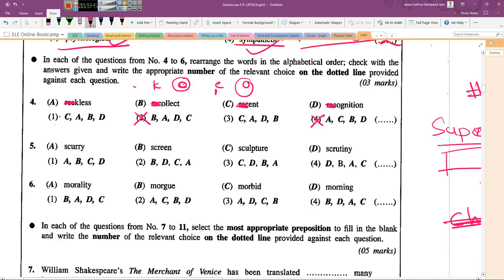So now in the remaining answers we should have the first letter at last. So K should be last. E should be first.